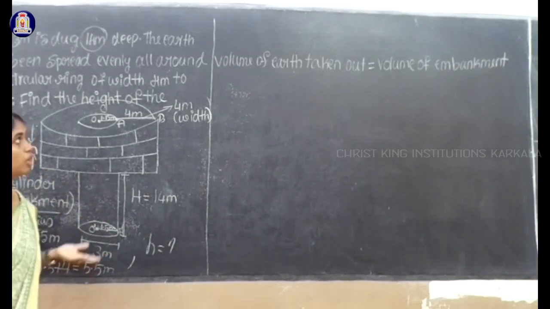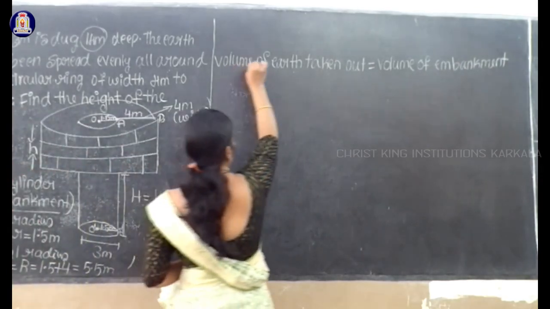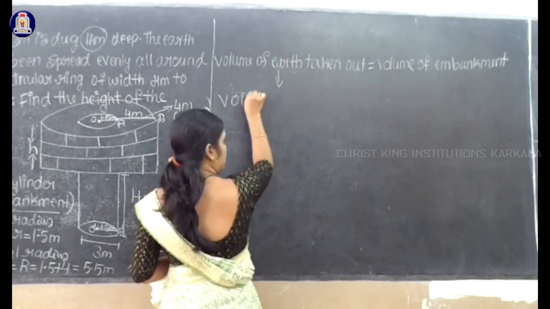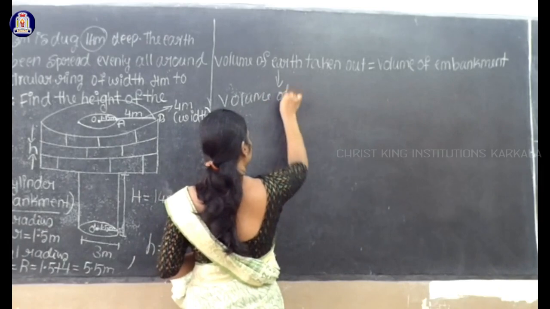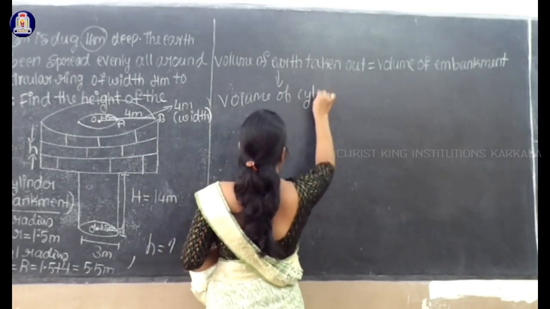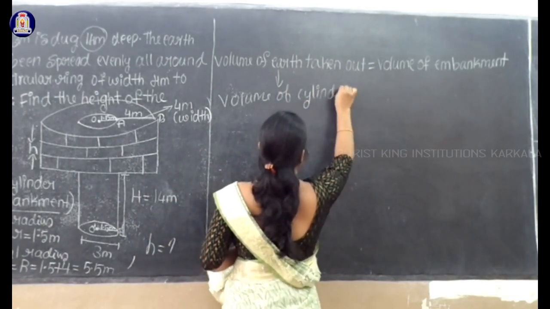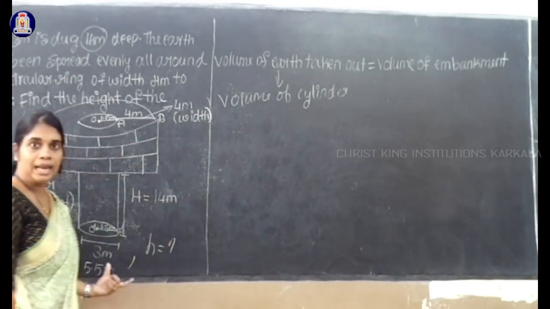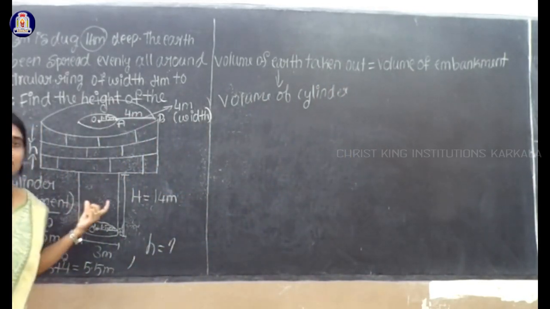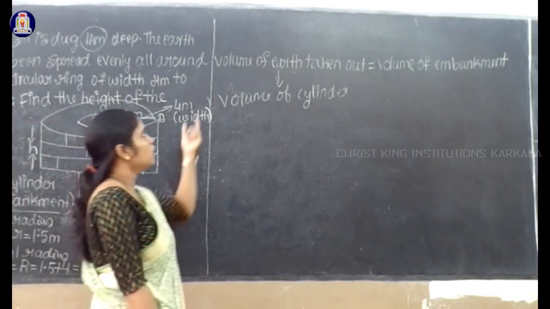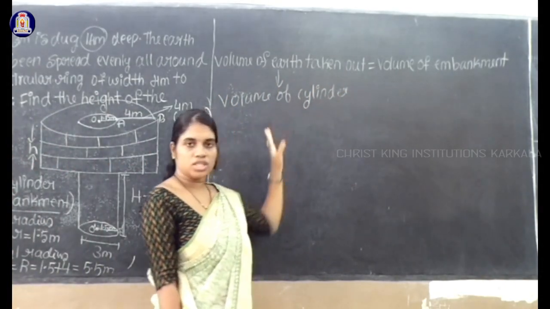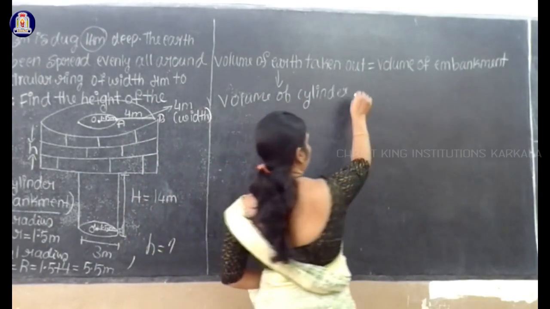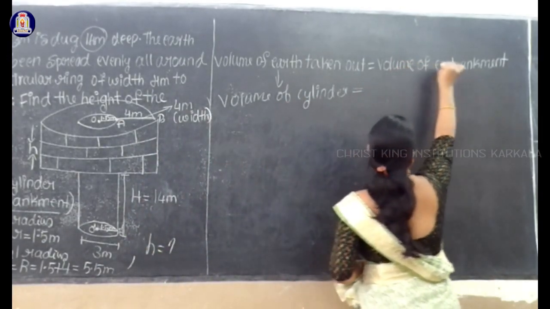Cylinder. So in the place of volume of earth taken out, I can replace it by volume of cylinder, because the earth is taken out from the well, and the well is in cylindrical shape. So volume of earth taken out is nothing but volume of cylinder, equal to volume of embankment.